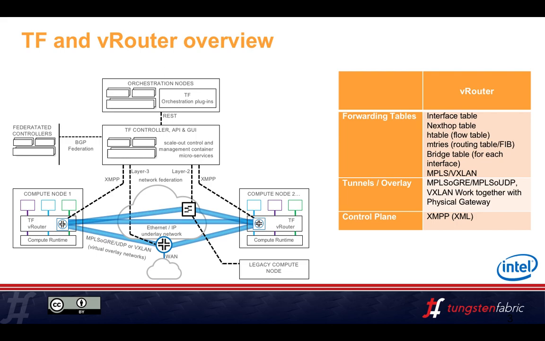Now, comparing and contrasting with an OVS setup, there are many familiarities at a high level. You still have the orchestration, you still have the controller, and you still have the data plane. If we drill into more details, the devil is hidden there, as we all know, and I have at the right, specifically for the vRouter, some characteristics that it has in its architecture, which make it quite different.